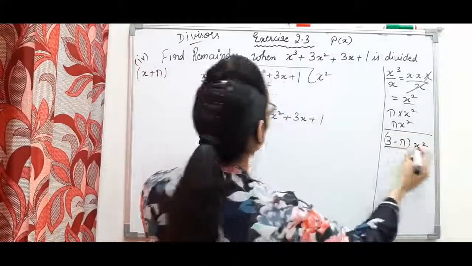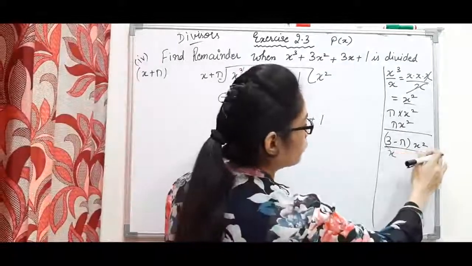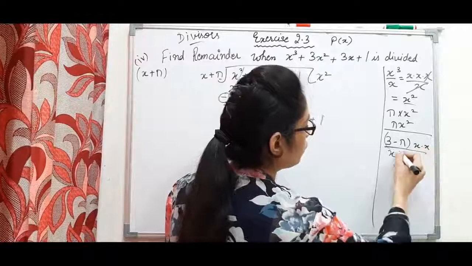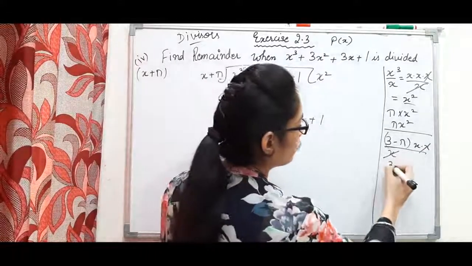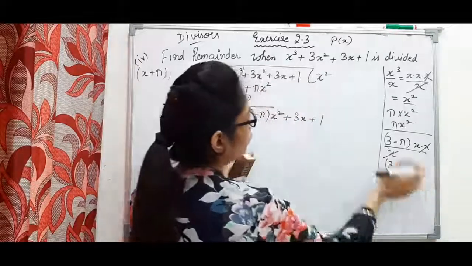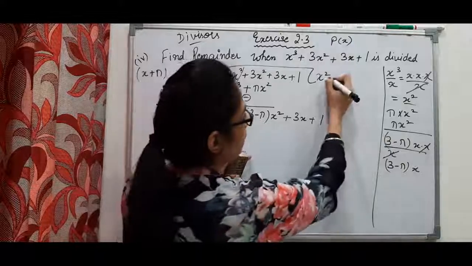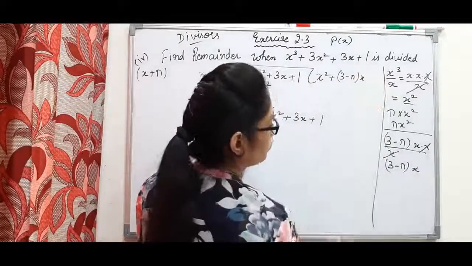This I have to divide with this. So I will write here x square means x into x. So 1x I will get, 1x will get cancelled with 1x. So I am left with 3 minus pi x. So this I have to write here, plus 3 minus pi x.